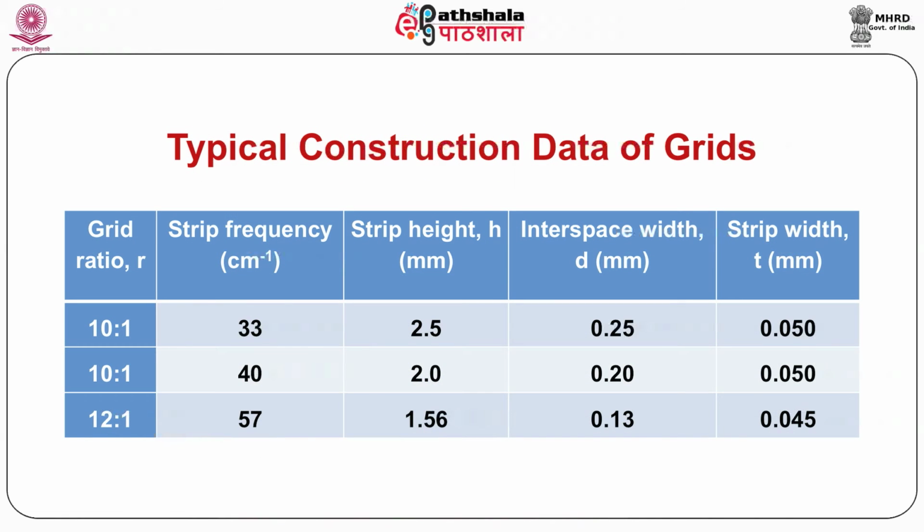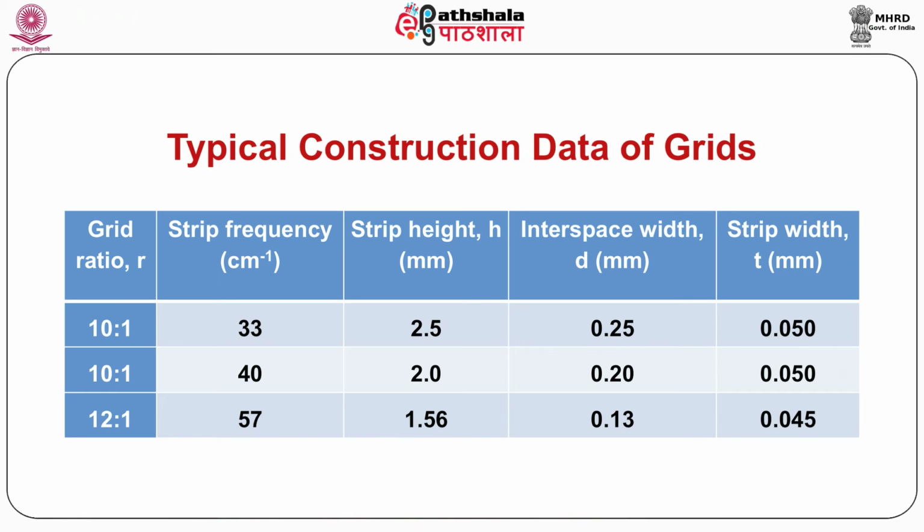Now in this table you can see that the grid ratio R for the grids of 10:1 and 12:1 is given. The parameters are strip frequency, which is in the unit of centimeter inverse, strip height h in millimeter, interspace width d in millimeter, and strip width t, also in millimeter.